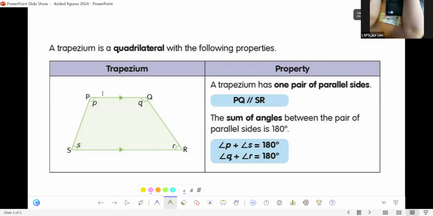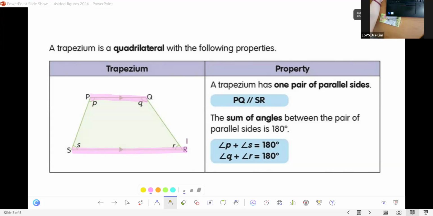I look for the equal sign, say, here. So this equal sign shows you the property of parallel lines. If there's one pair and only one pair of parallel lines, that means there's only one set of equal sign. That means this shape is a trapezium. Only one pair of parallel lines and nothing else is the same.